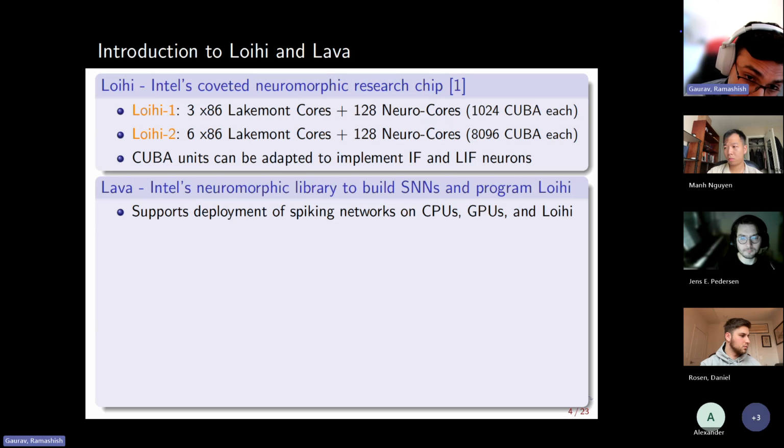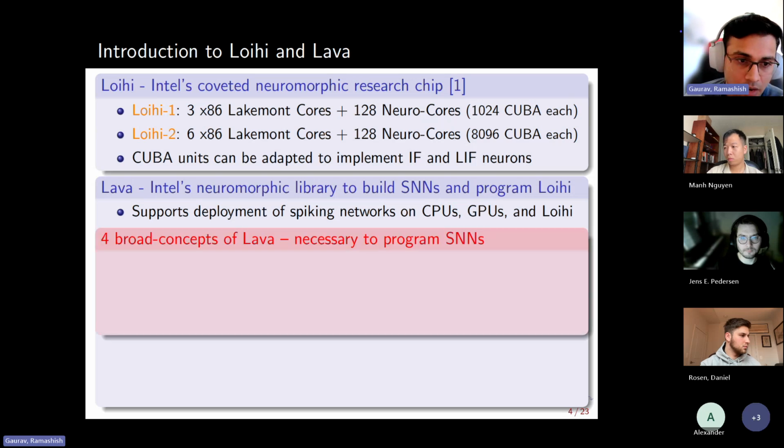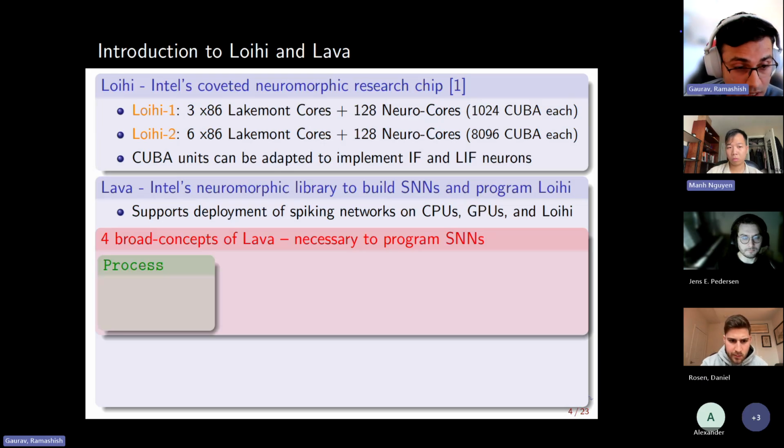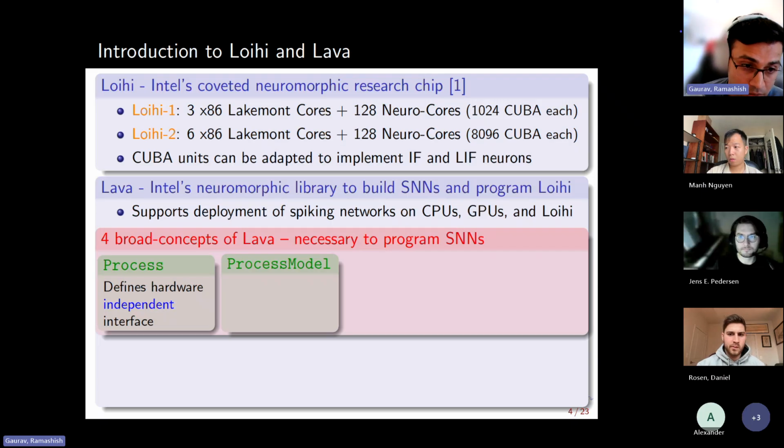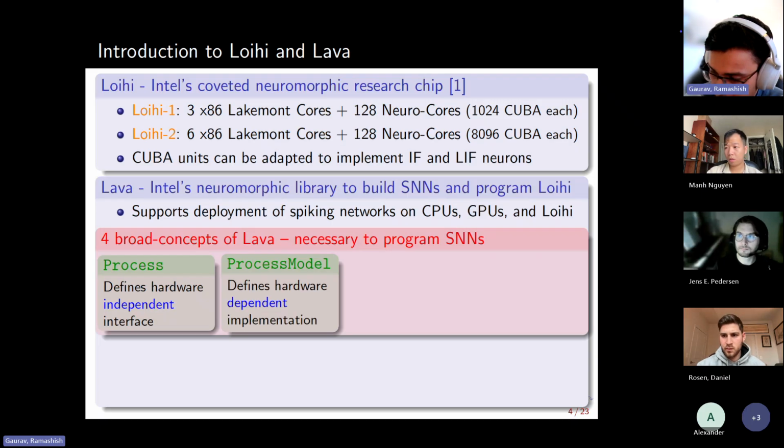If someone wishes to program SNNs in Lava, then there are 4 broad concepts that we need to be aware of. The first one is the process. It's a programming construct in Lava, which defines the hardware independent interface. Then you have the process model, which corresponds to one process. It defines the hardware dependent implementation.